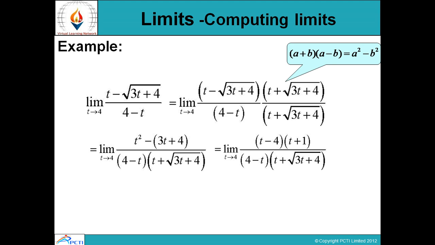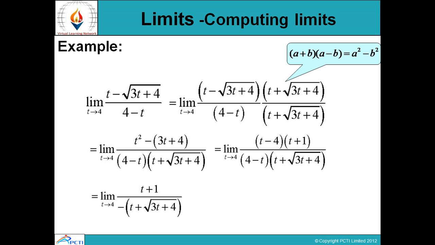Then factorizing the numerator, it becomes (t − 4)(t + 1) divided by (4 − t)(t + √(3t + 4)). 4 − t cancels out with t − 4.